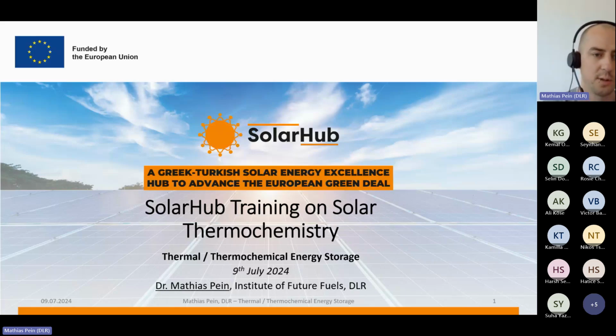the general concept and also recent developments in terms of thermal and thermochemical energy storage, which can be used, as was already introduced to you, to prolong the use time and uptime of concentrated solar thermal power plants, but also as a means to utilize renewable electricity from other sources and use the power of thermal storage in that sense.